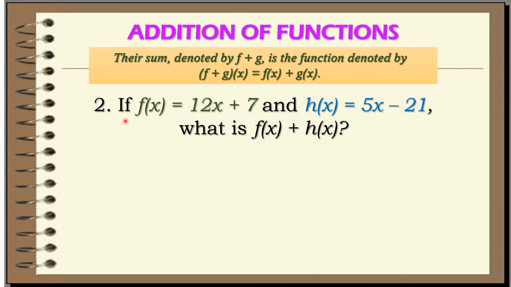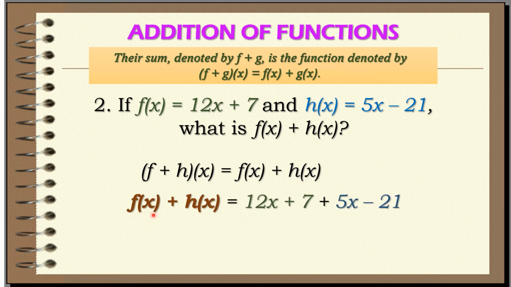Number 2. If f of x is equal to 12x plus 7 and h of x is equal to 5x minus 21, what is f of x plus h of x? So first thing to do is to define the operation of function. We have here f plus h of x is equal to f of x plus h of x.